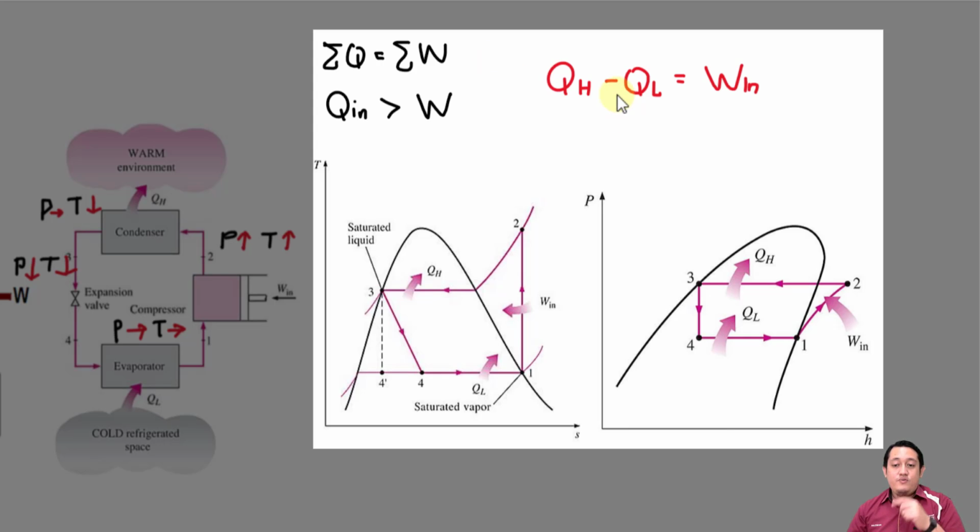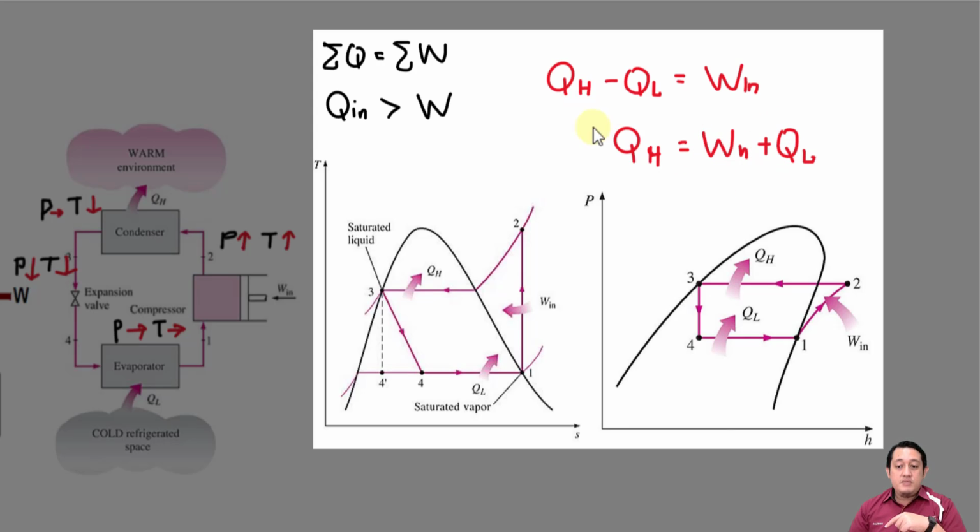And also if we look here, what is the value of QH? If we rearrange this one, QH is equal to W plus QL.